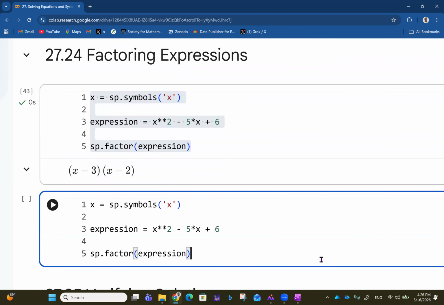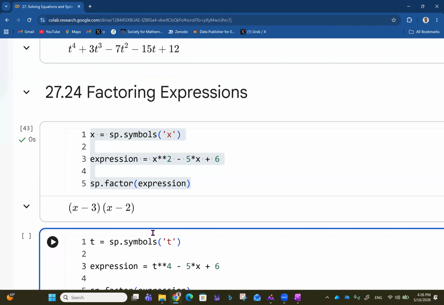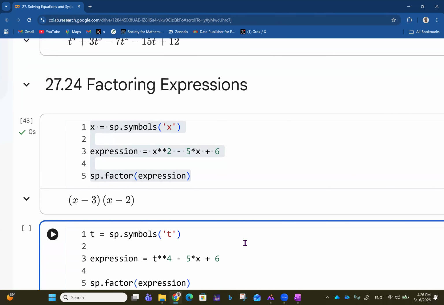So you have t raised to power 4. Let's say this is t now. You have t here, and that symbol's t. So you have t raised to power 4, then plus 3 star t raised to power 3.